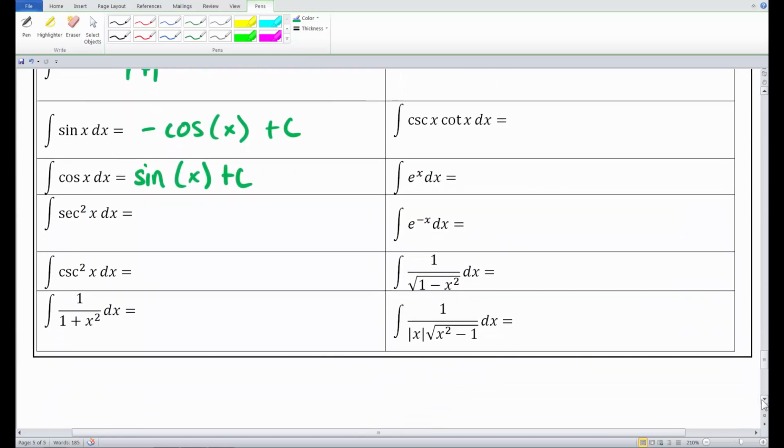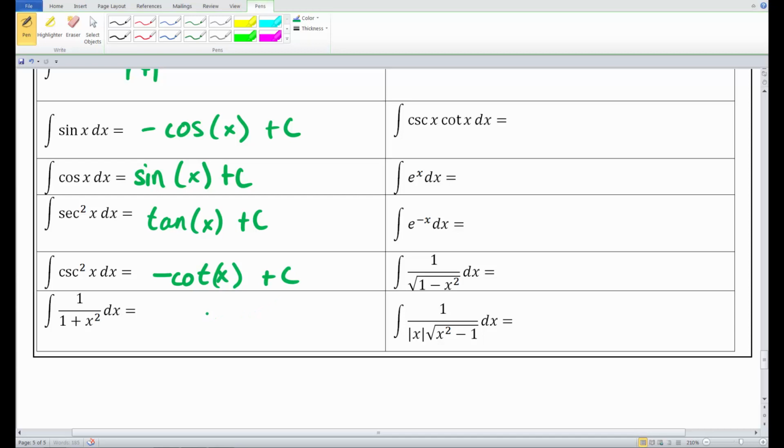The antiderivative of the secant squared of x comes out to be tangent of x plus c. The antiderivative of cosecant squared of x dx comes out to be negative cotangent x plus c.